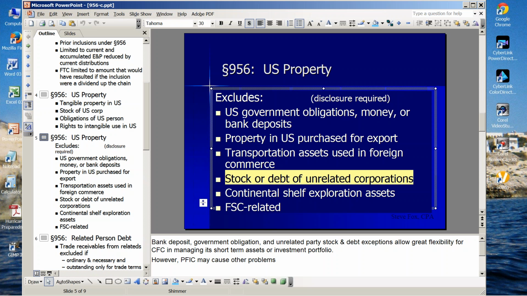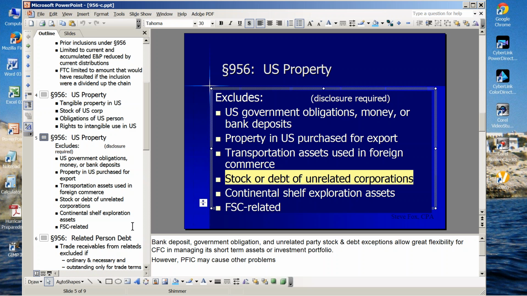Now, this is stock or debt of unrelated corporations. Doesn't say anything about partnerships or individuals. So if the CFC loans money to an unrelated individual, there's a potential that you've got a 956 inclusion there. I certainly would advise against it.